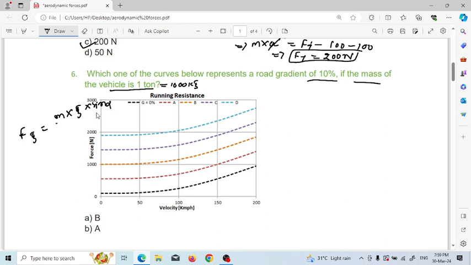As alpha is small, sin alpha will be equal to alpha. The mass of the vehicle is 1000, times the g value 9.81, times alpha 0.1. After calculating, we get 981 Newton, which is F gradient.